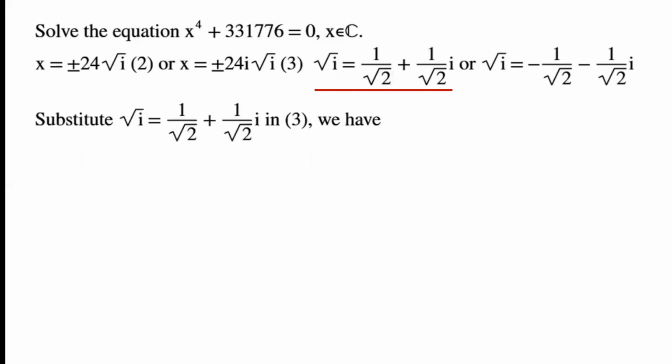Now substitute root i equals 1 over root 2 plus 1 over root 2 times i in equation 3.